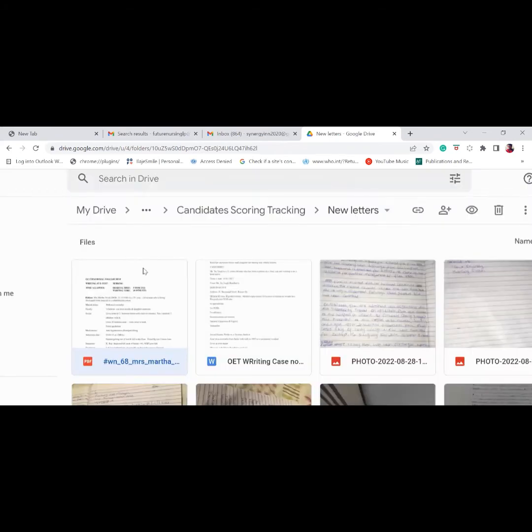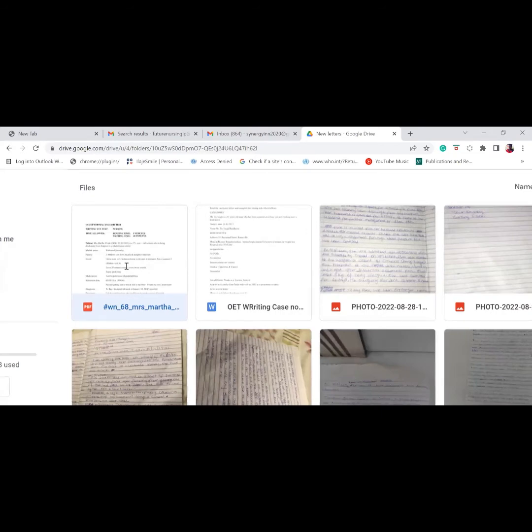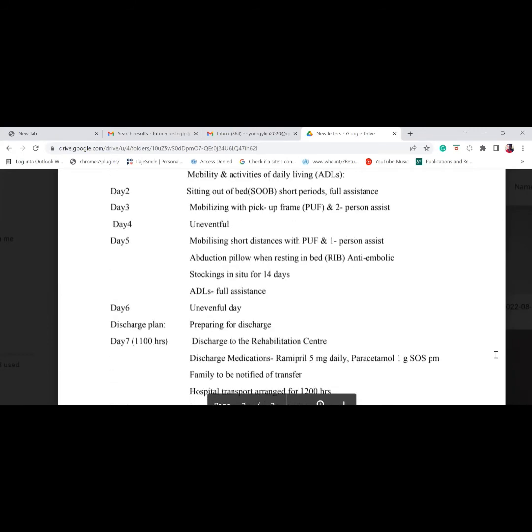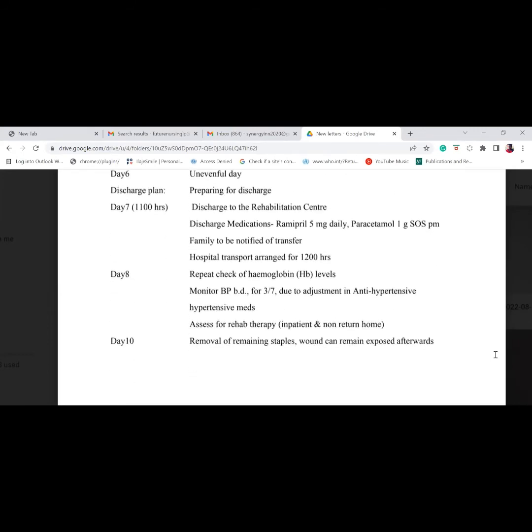So now, first of all, again, we'll go back to what's the purpose of this letter. We know that this letter is a discharge letter. So is there any specific instruction or purpose for the discharge?